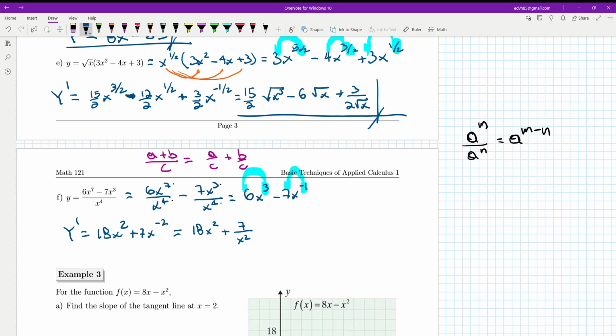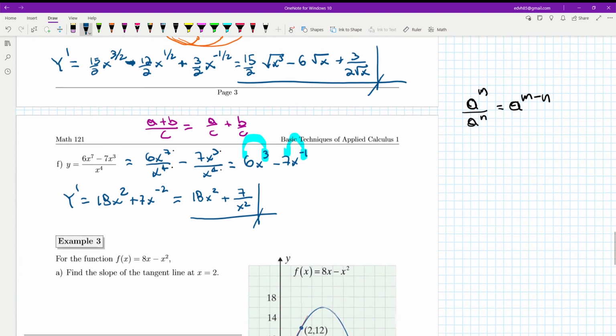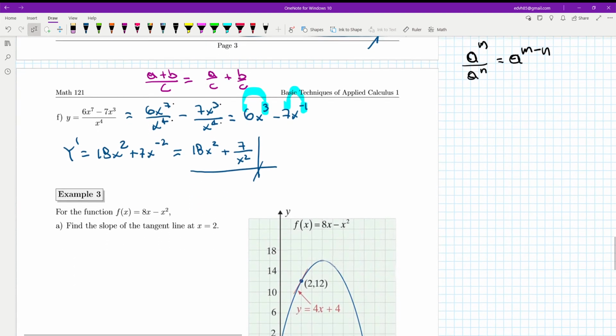plus 7 over x squared. Final answer for this one, by the way. Is that what we should have obtained? Yes. Okay, I was comparing with my notes and I think I made a mistake in my notes, but not here in the video.